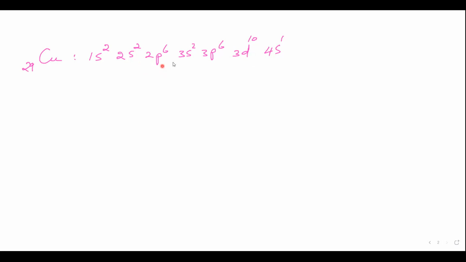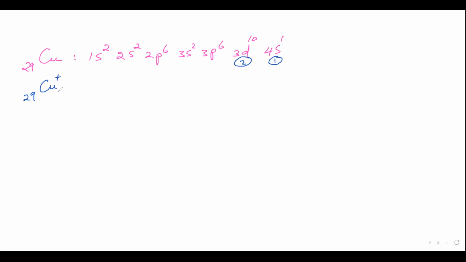Okay, so what if we have a copper +1 ion? If I want to write the electronic configuration of the copper +1 ion, here, as we said, since we added the electrons first to the 4s and then to the 3d, also we have to remove the electrons from the 4s before the 3d.